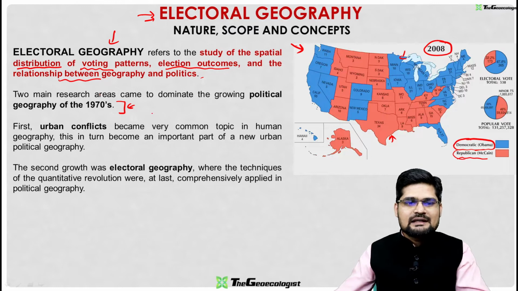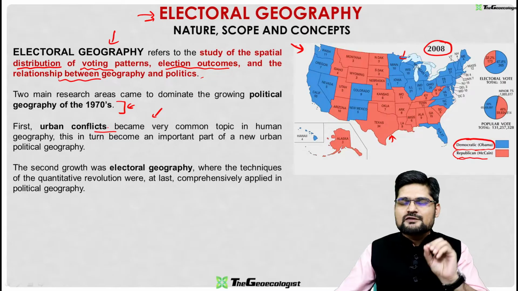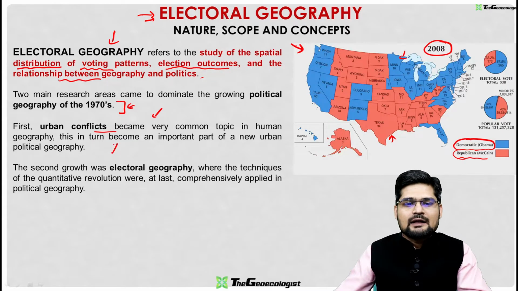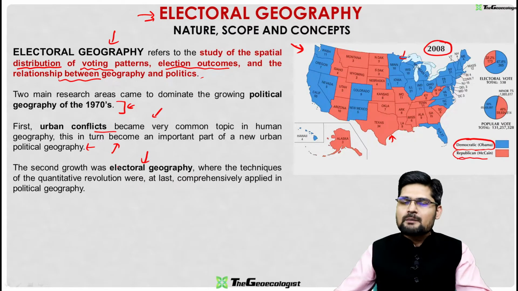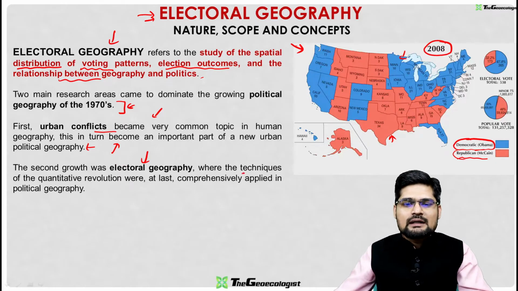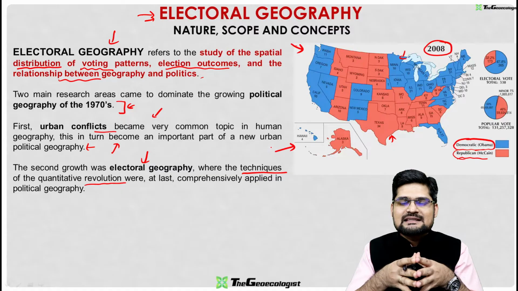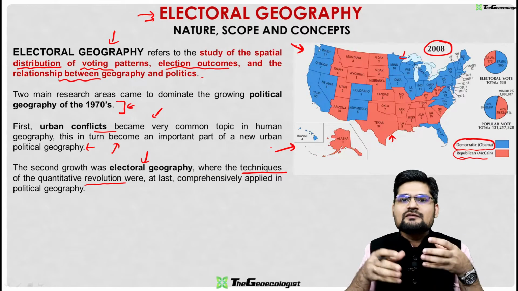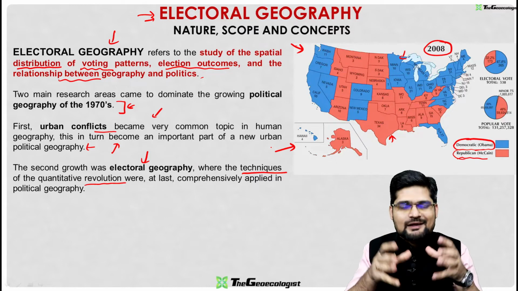What we observe is that two groups of scholars emerged. One talked about urban conflicts, which were a major phenomenon and became very important in new urban political geography. The second group talked about electoral politics and the spatial analysis of electoral patterns, where quantitative techniques and the quantitative revolution were utilized to analyze spatial politics. That is where more theories and concepts started to develop and occupied a major part of political geography.